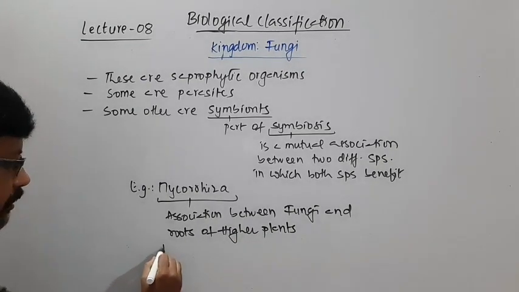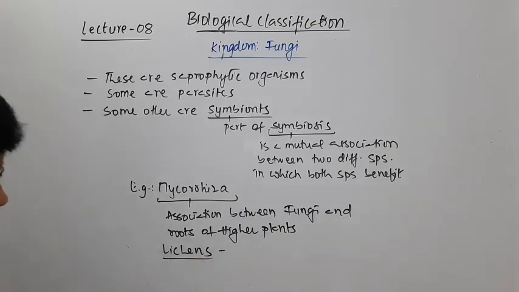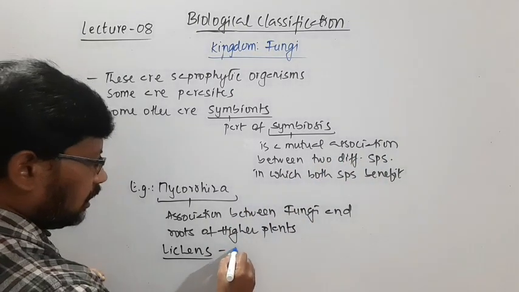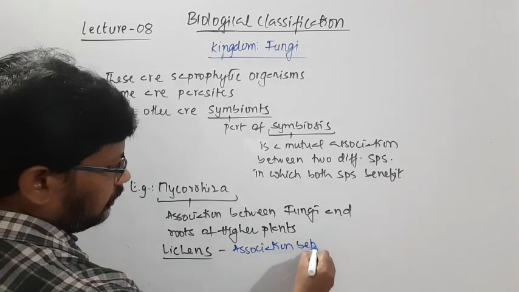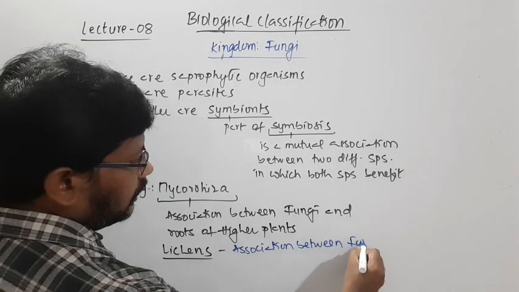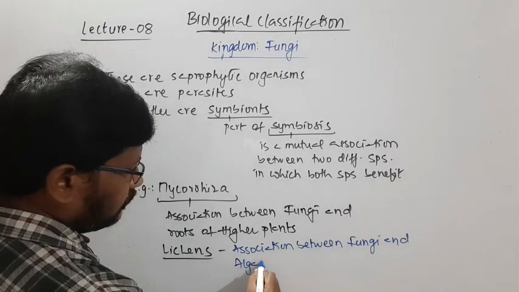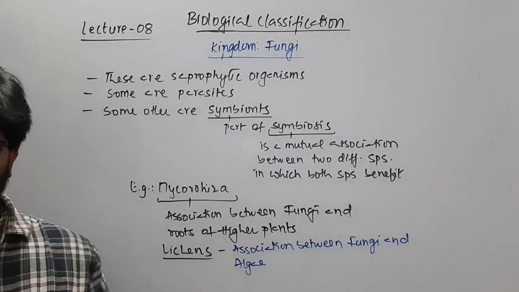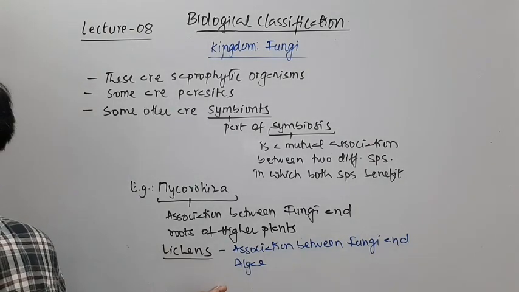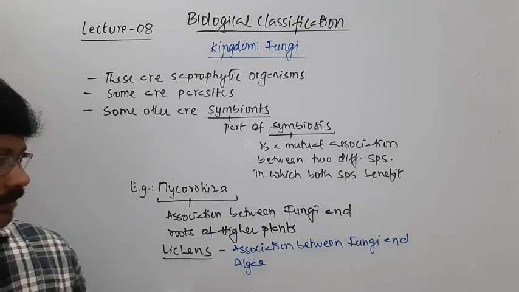One more example is lichens. These lichens are also a mutualistic association, between fungi and algae. An alga and a fungus live together and both get benefit. The algae helps the fungi and the fungi helps the algae.